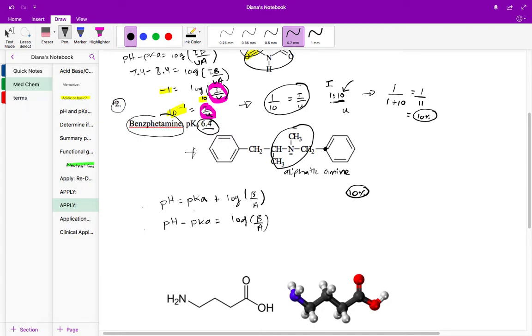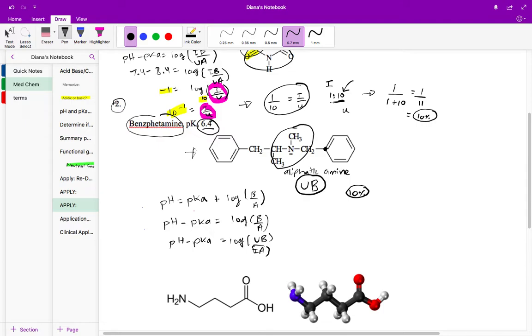And now we're going to rewrite it, knowing that we're starting off with an unionized base form with this aliphatic amine. And so I'm going to rewrite this once more as pH minus pKa equals log of UB over the IA form.